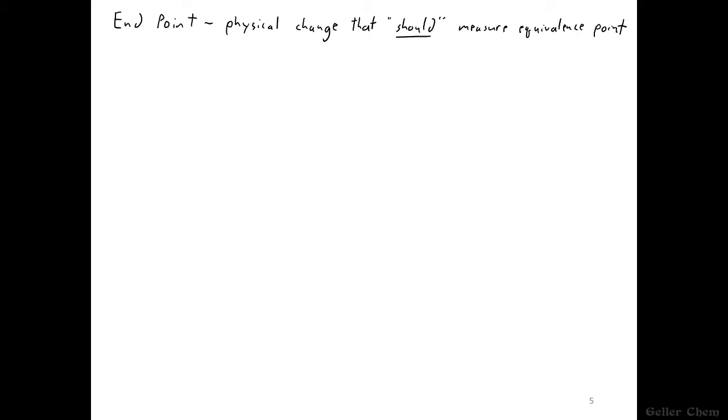Another term to define, indicator. Indicators are not magic, they're just an acid-base conjugate pair where the color changes based on which species is predominant.